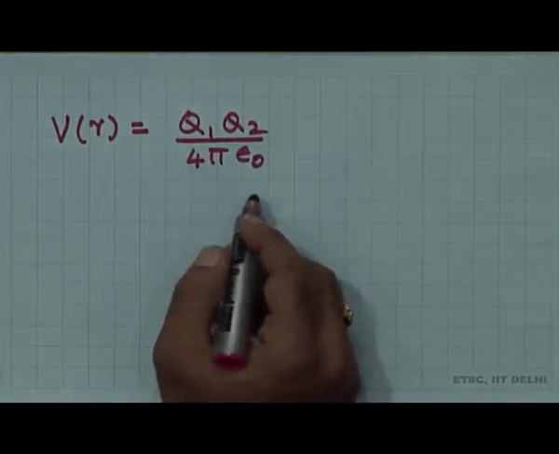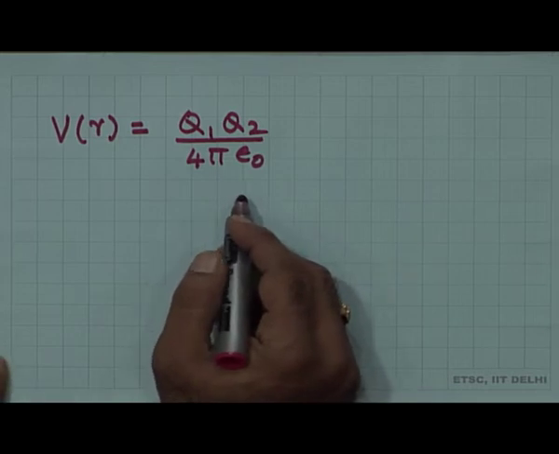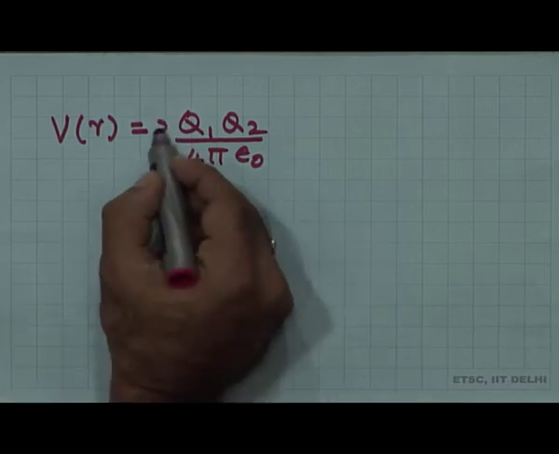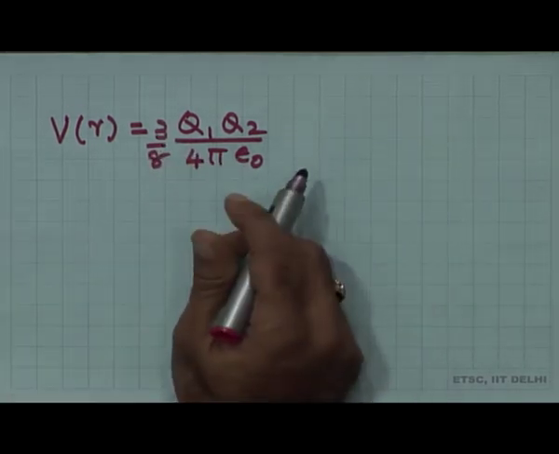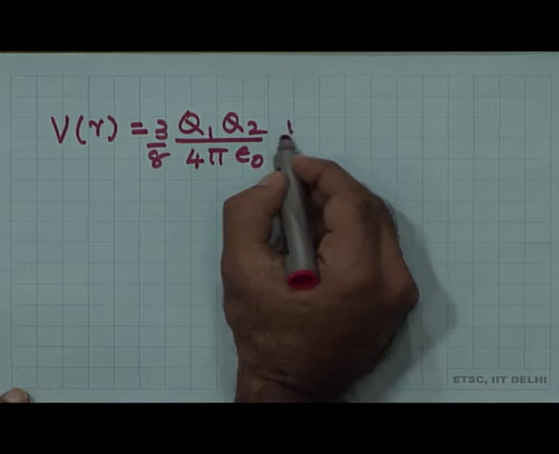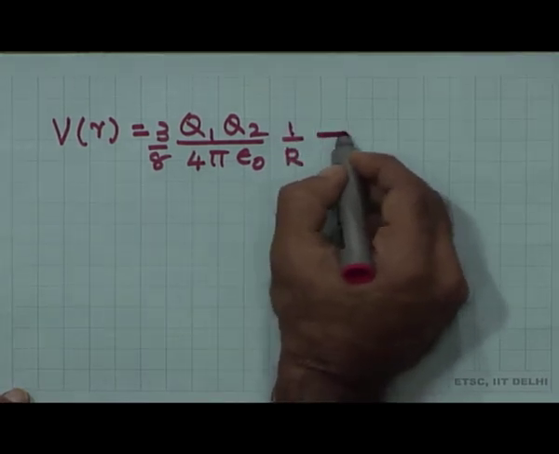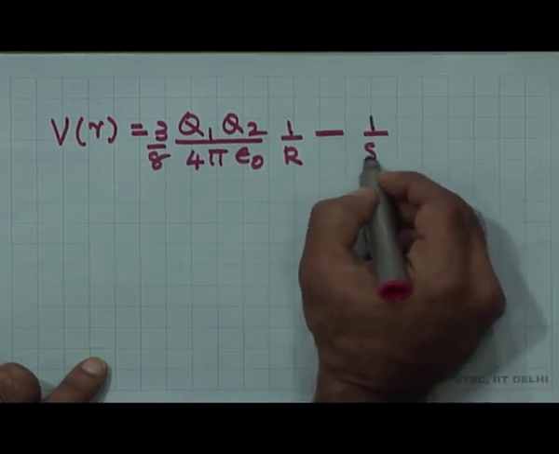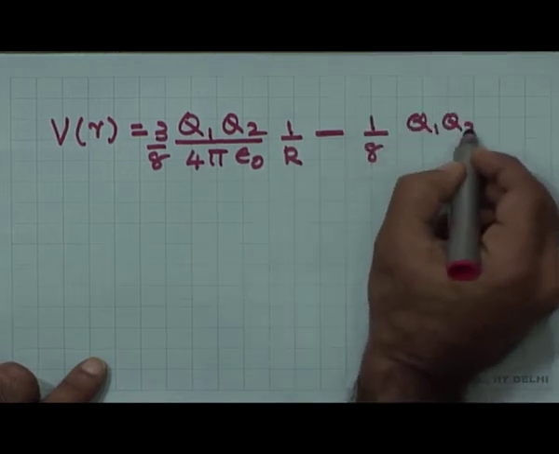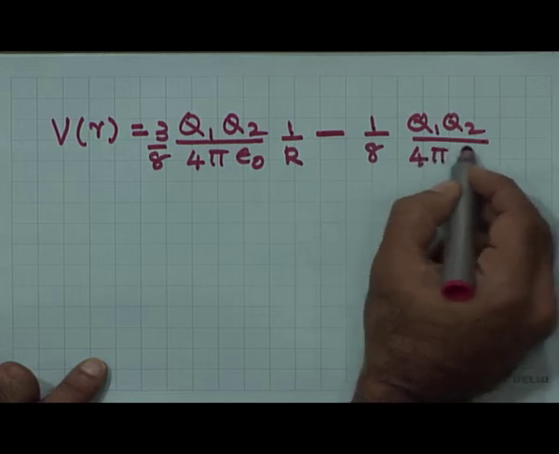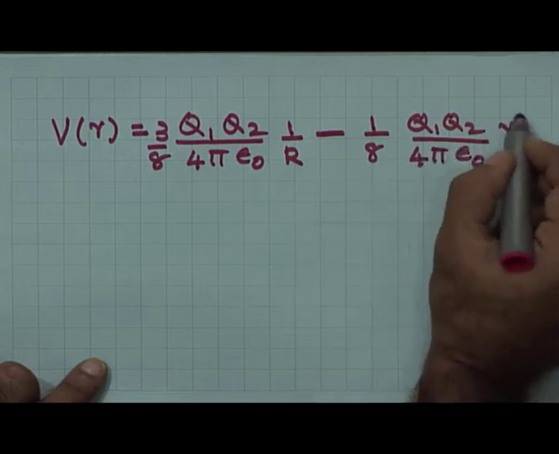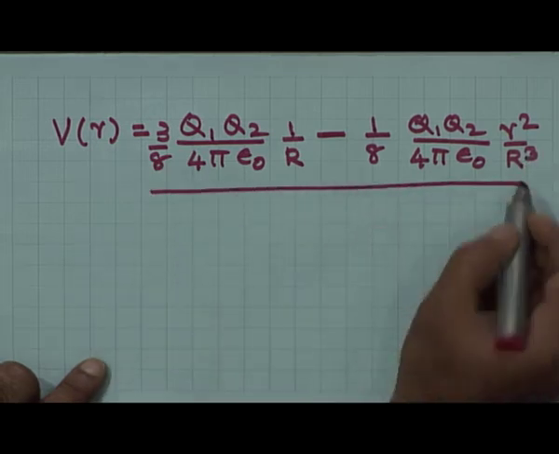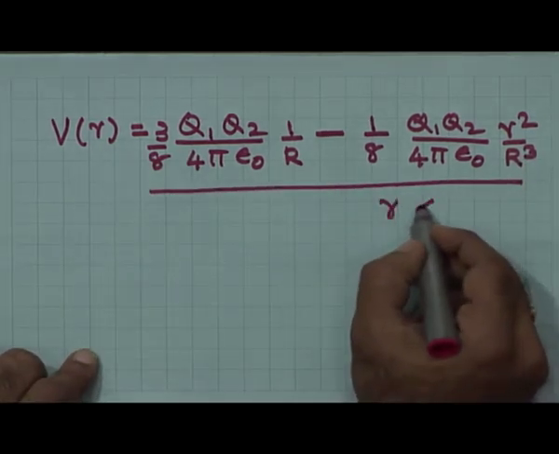So, let me write everything carefully. My c is 3 by 8 q1 q2 over 4 pi epsilon naught 1 over R, minus, that is the most important for me, 1 by 8 q1 q2 over 4 pi epsilon naught r squared by R cubed. This is my expression for r less than R.